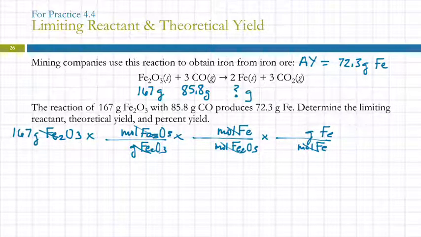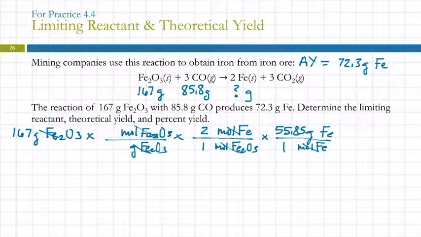So the one in the middle is the easy one. Mole to mole ratio. 1 mole of Fe2O3 gives us 2 moles of iron. This last one's pretty easy because it's just the molar mass of iron, 55.85. And then we need the molar mass of the Fe2O3.